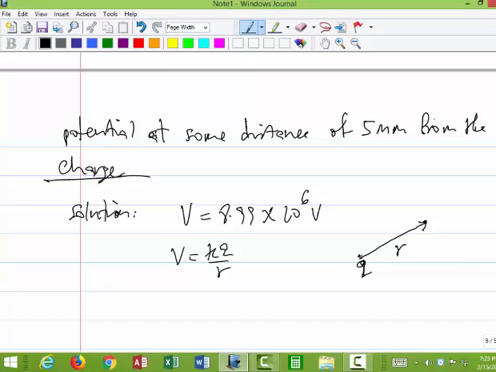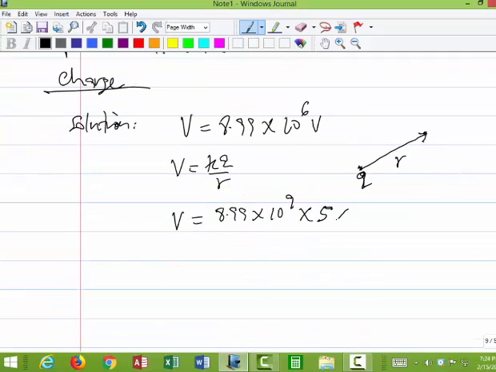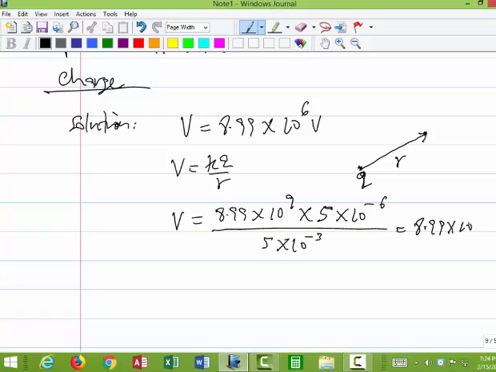It only depends on the source charge Q. So the potential V is equal to 8.99 times 10 to the power 9 times the charge, which is 5 microcoulombs, is 5 times 10 to negative 6, divided by R, which is 5 times 10 to negative 3. So that should come out to 8.99 times 10 to the 6 volts.